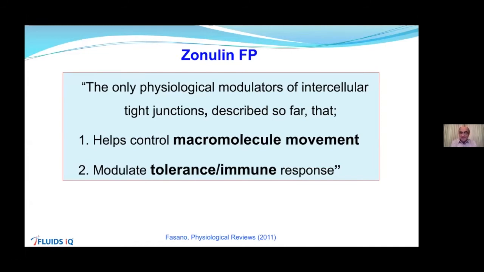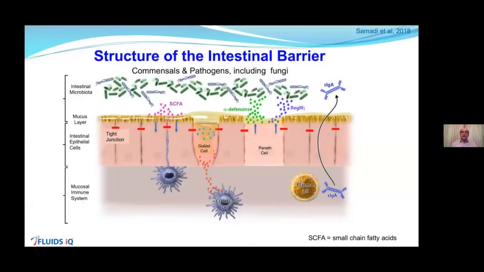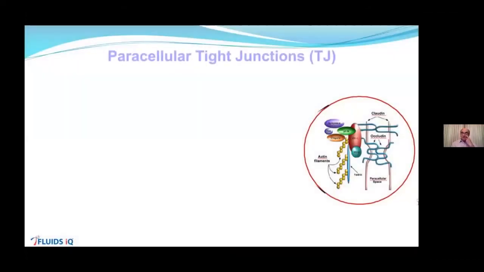It wants to break them down into micromolecules. And when macromolecules do get in, it needs to be able to get them back out. And so it is ultimately one of the modulators of tolerance to immune response. The idea being you want to be able to have a situation of homeostasis, of tolerance, and you do that by having an immune system that is able to function only when it is absolutely required in order to be able to get rid of those entities that one is not looking for.